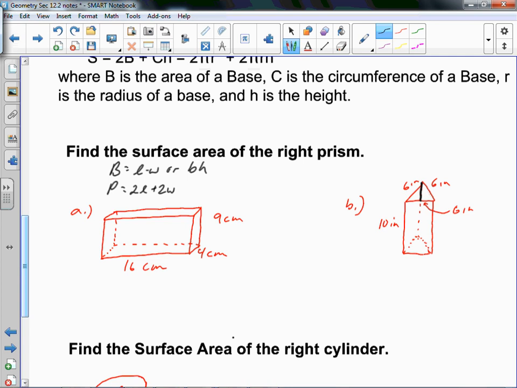So in order to plug it into S equals 2 times area of the base plus the perimeter times the height. First, we're going to find the area of the base, which is length times width, or 16 times 4. 64 centimeters squared.